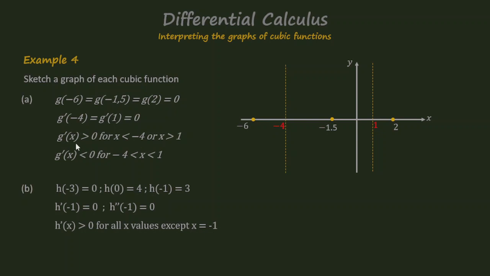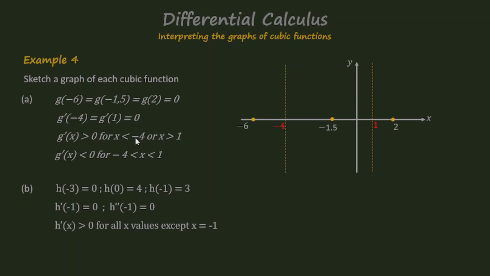Remember, the derivative of G is the gradient of G. The gradient of G is given by its first derivative. So if its gradient is positive, that simply tells me that the function is increasing in this region.